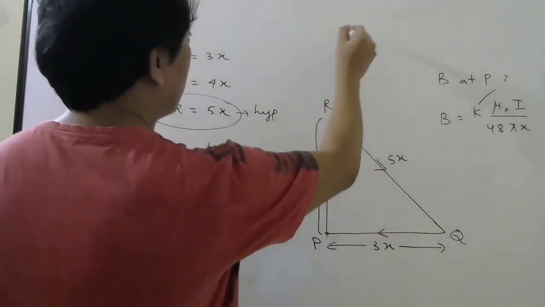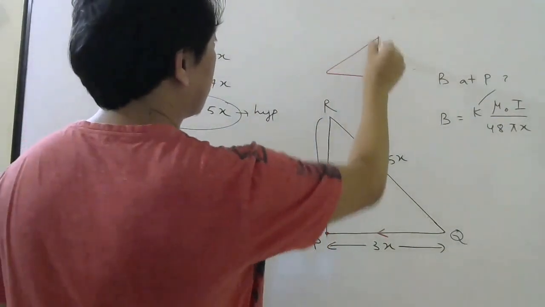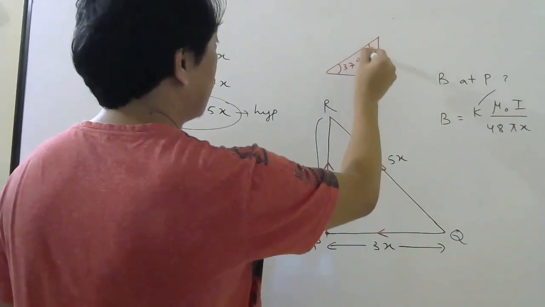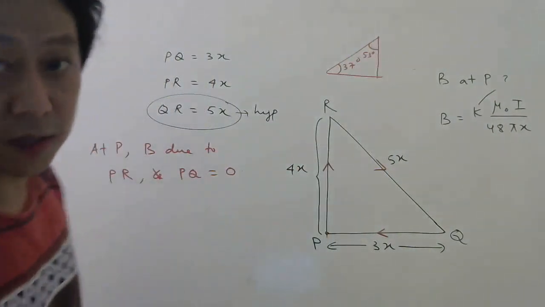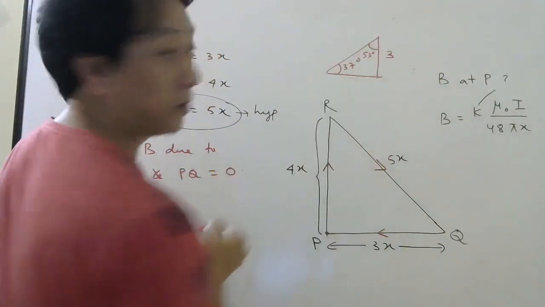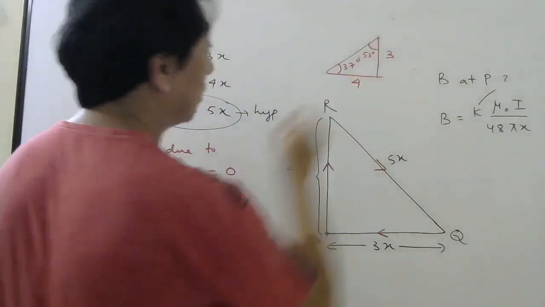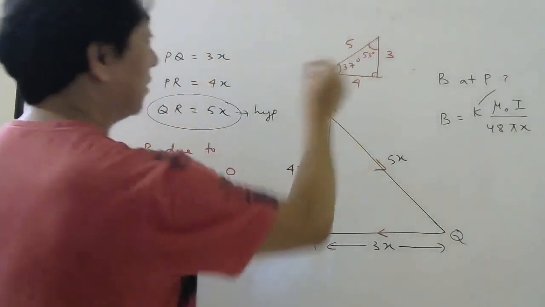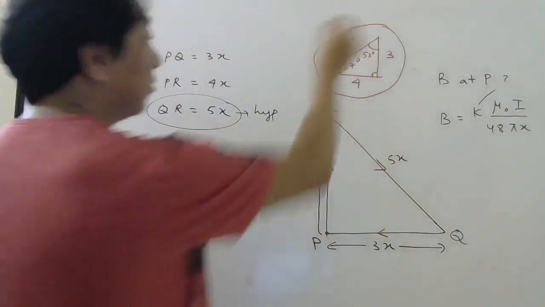Also, look here, one small thing you should know. If this is 37 degree and this is 53 degree, then opposite to 37 degree you can write 3, opposite to 53 degree you can write 4, and opposite to 90 degree you can write 5. So this triangle is very useful in physics.